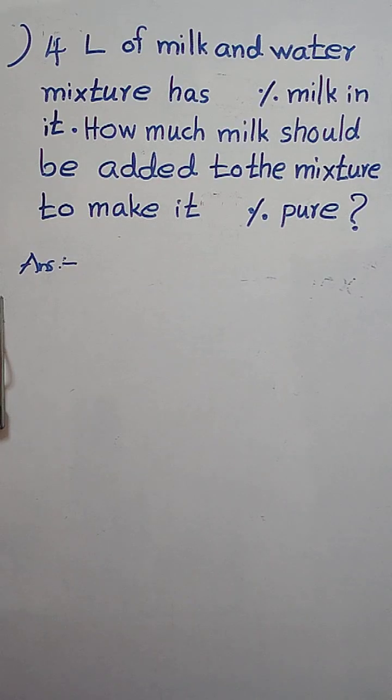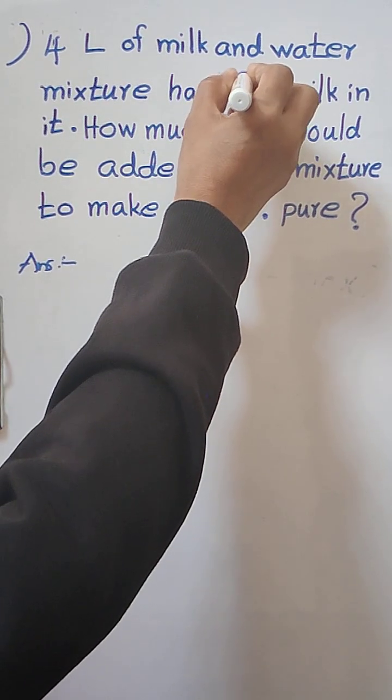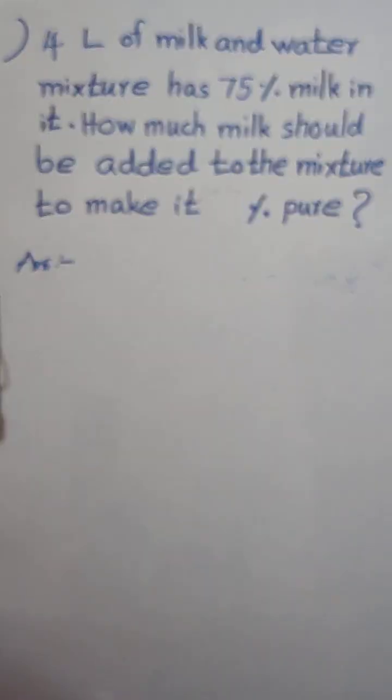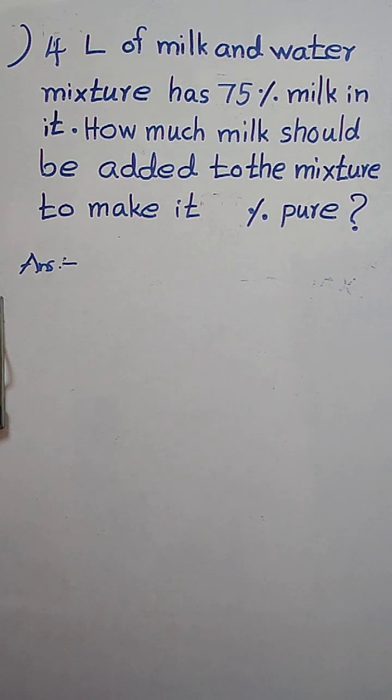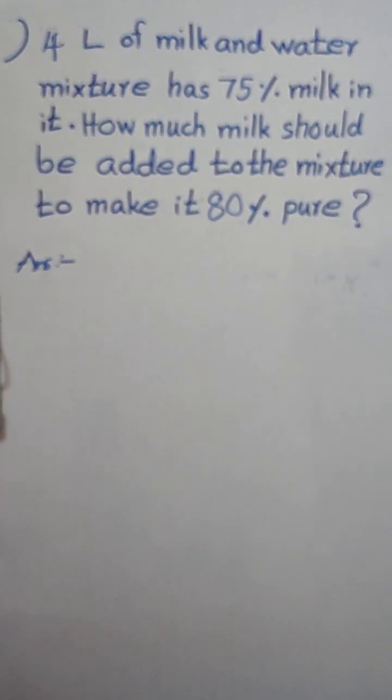Four liter of milk and water mixture has 75% milk in it. How much milk should be added to the mixture to make it 80% pure?